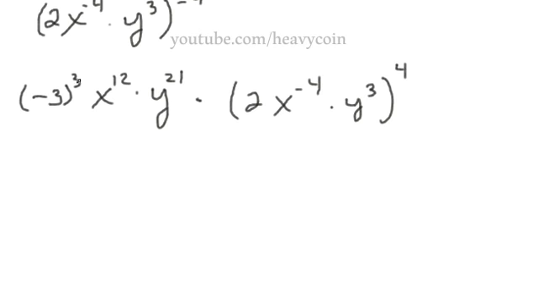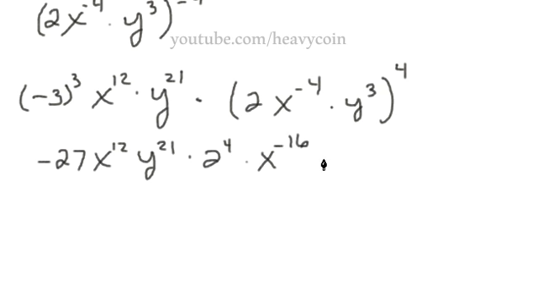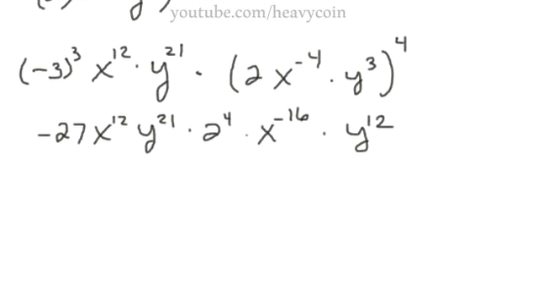Okay, negative 3 to the third is going to be negative 27, x to the 12th, y to the 21st times, and 2 raised to the 4th times x. Negative 4 times 4 is negative 16, and y to the 12th. 3 times 4 is 12.